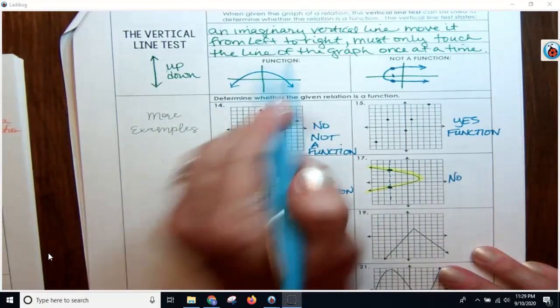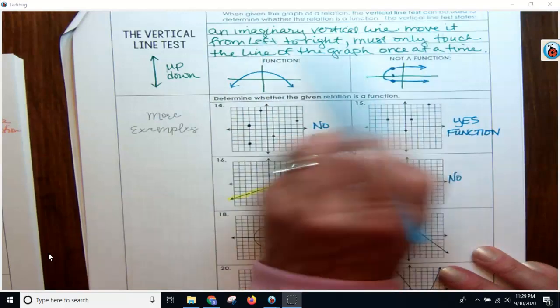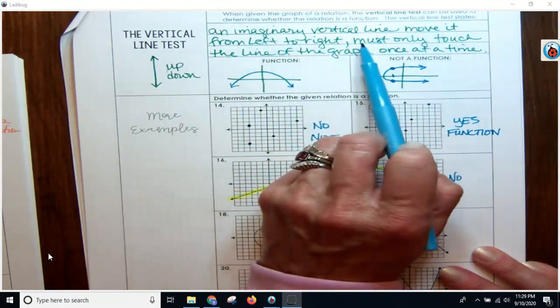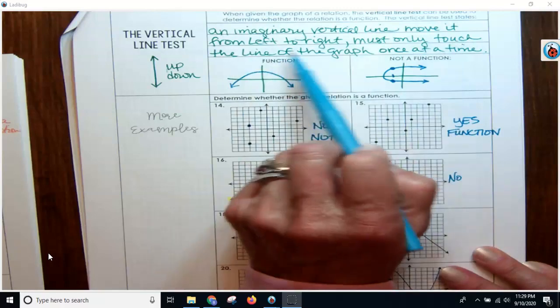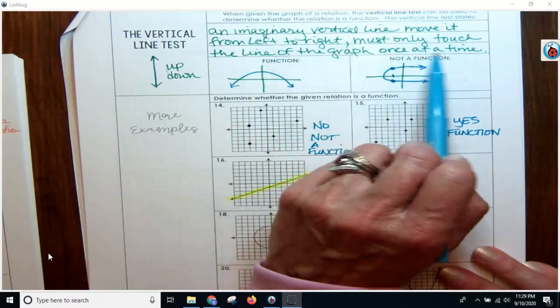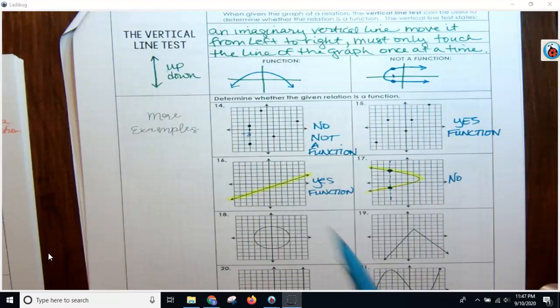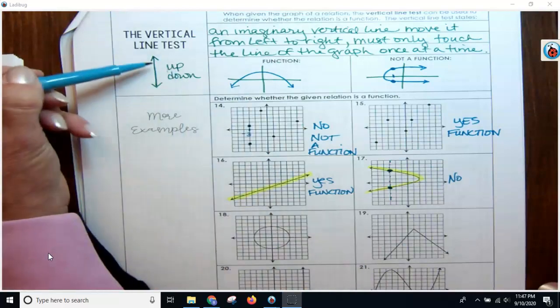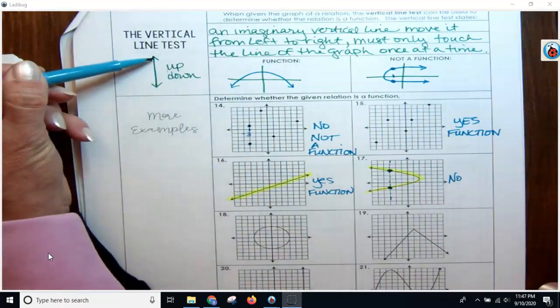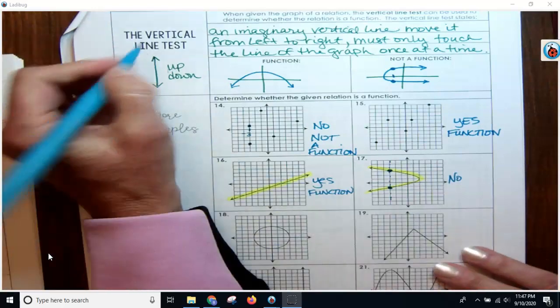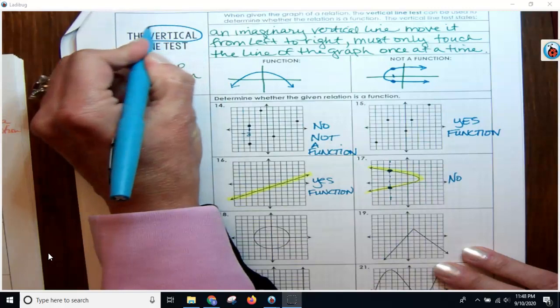So if I was going to take an imaginary vertical line and move it from left to right, it must only touch the line of the graph once at a time. So if I was given a vertical line, this is an example of a vertical line right here, up and down. That's important, vertical, because it's a vertical line test.